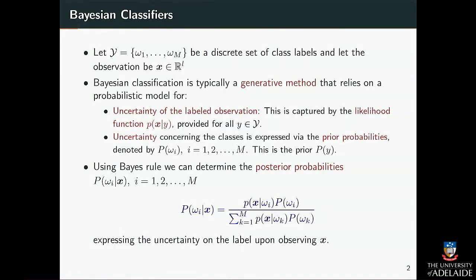And I have two forms of uncertainty. The uncertainty for any given label of the observation, and I call this typically the likelihood in Bayesian inference jargon. And also I have uncertainty about the labels themselves before I do any experiment. This we call the prior distribution, so it's prior to the experiment.